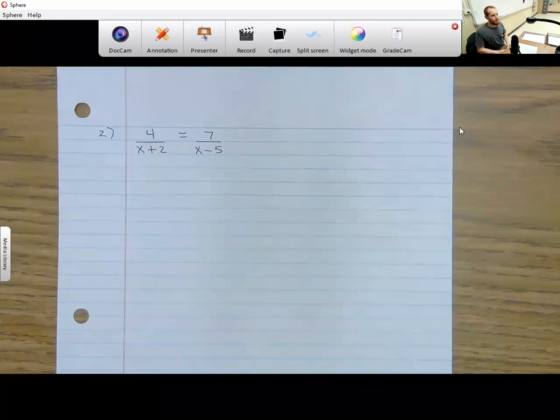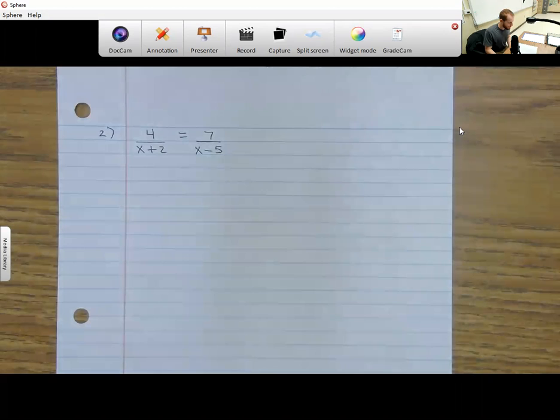All right, so 7 over x minus 5 is on the right side. And I have a situation where I have one fraction on each side. So that means I can do cross multiplication. All right, so I'm going to multiply the 4 by the x minus 5.